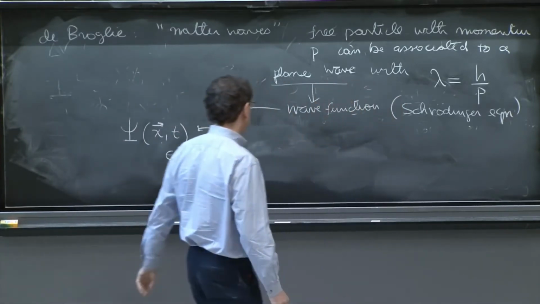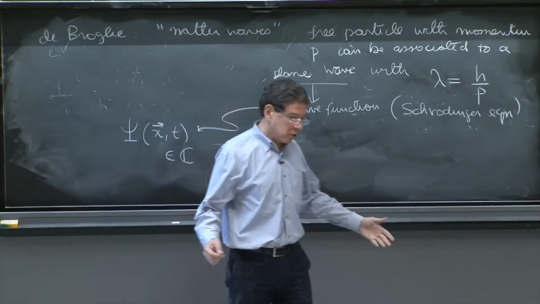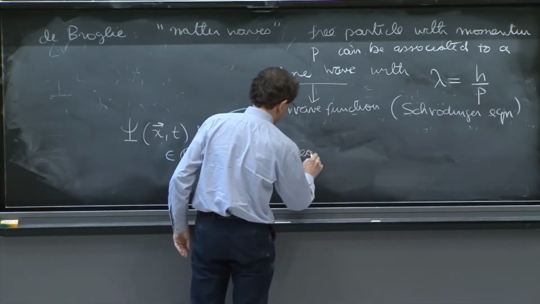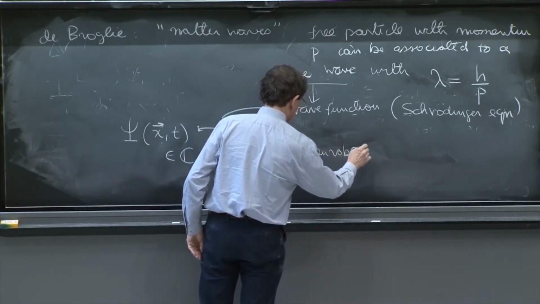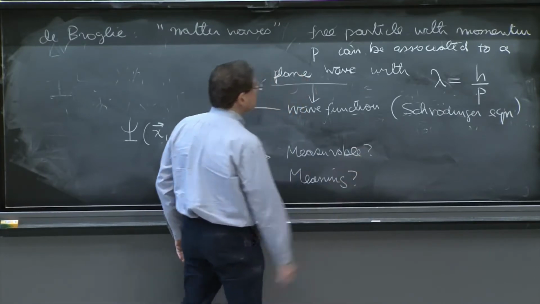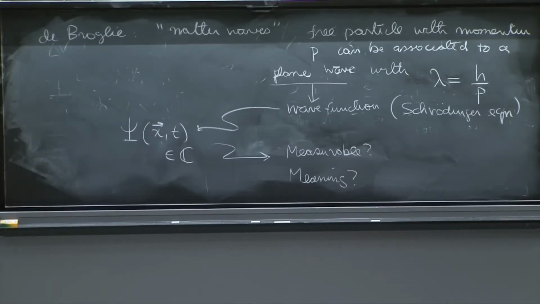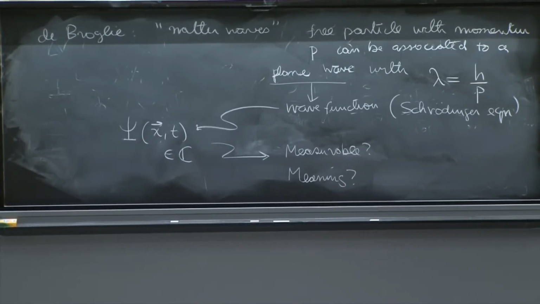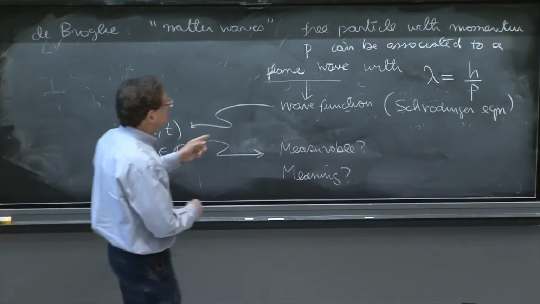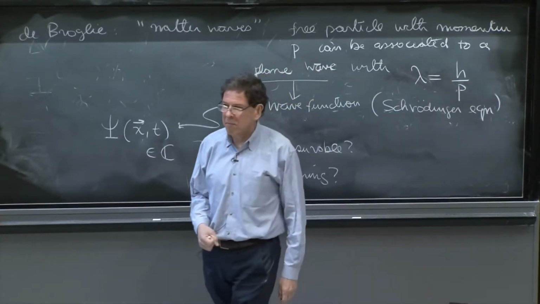And the obvious questions about this wave function are, is it measurable? And what is its meaning? But to understand some of that, in fact, to realize that these waves are no ordinary waves, we're going to think a little about what it means to have a wave whose wavelength is inversely proportional to the momentum of a particle.